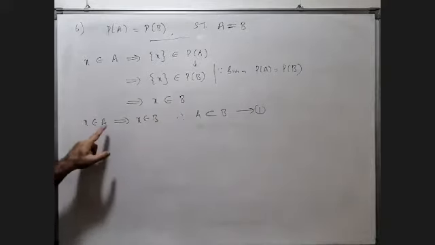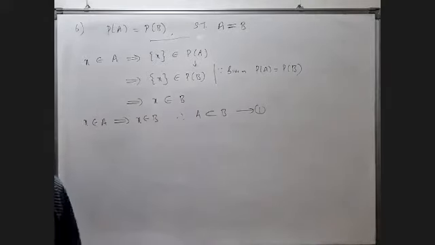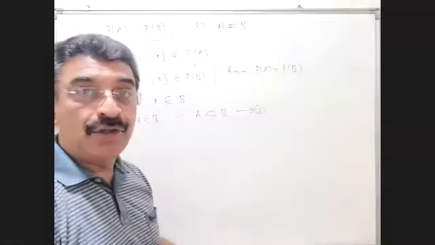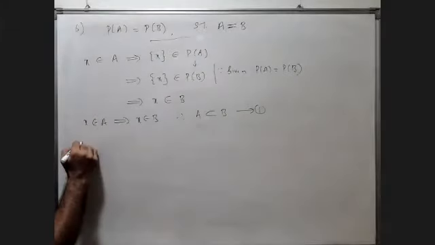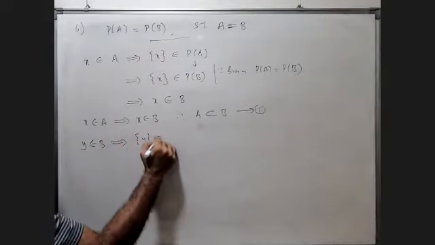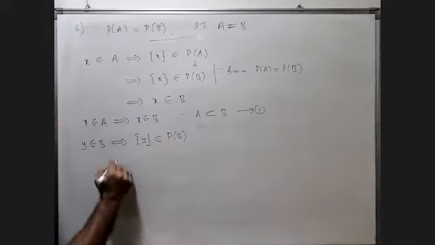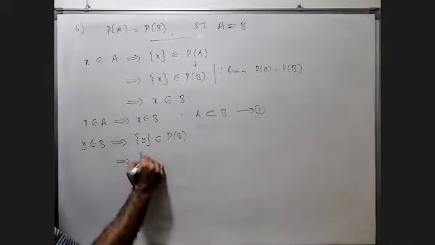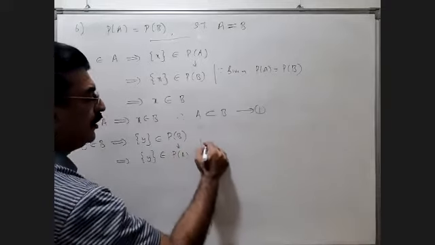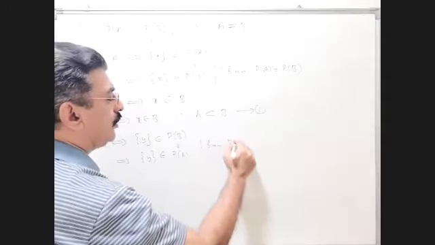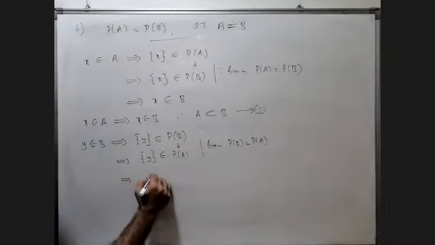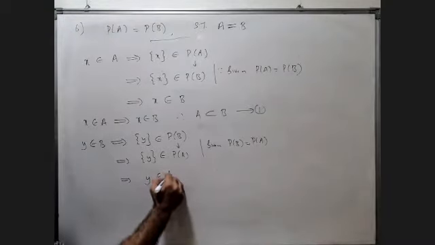So x belongs to A implies x belongs to B means A is a subset of B. So we proved A is a subset of B. Now the task is to prove that B is a subset of A. Take an element y belongs to B. Y belongs to B means the set {y} belongs to the power set of B. This implies the set {y} belongs to the power set of A. Reason: given, the power set of B is equal to the power set of A. This implies y belongs to A.